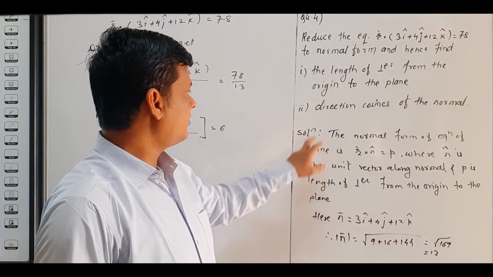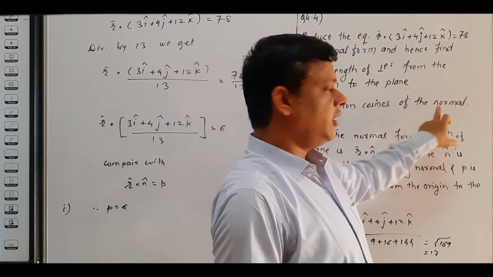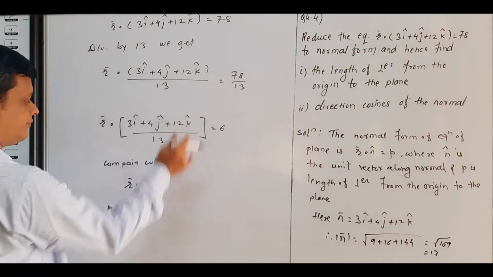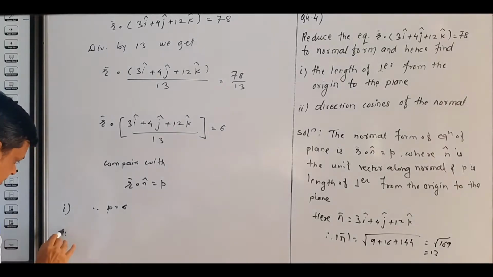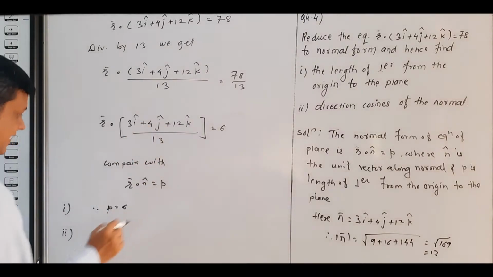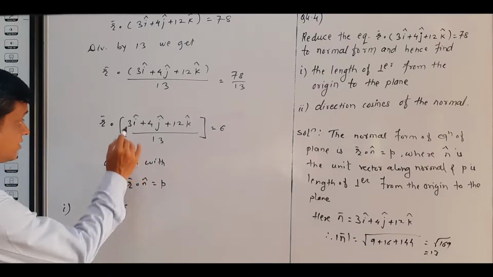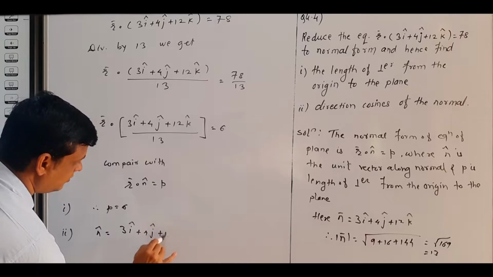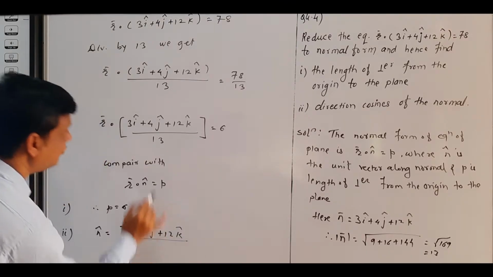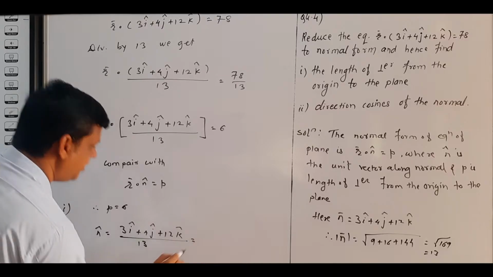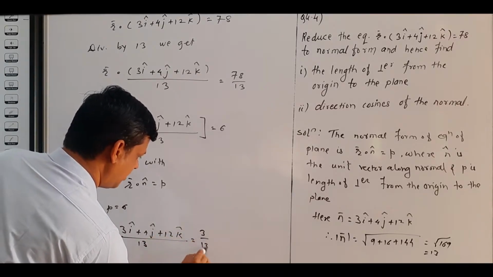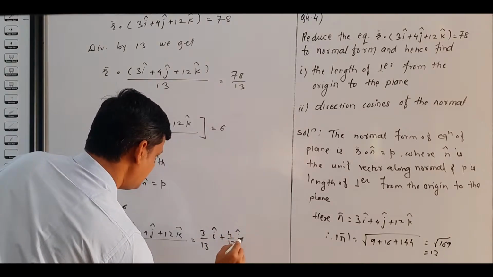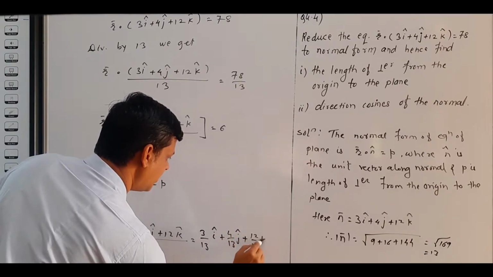Then we have to find the direction cosines of the normal. Now this is unit vector. So from this we write n cap is equals to 3i plus 4j plus 12k upon 13. Now we separate the base. So we get 3 by 13 i plus 4 by 13 j plus 12 by 13 k.